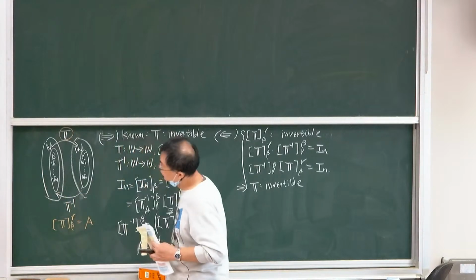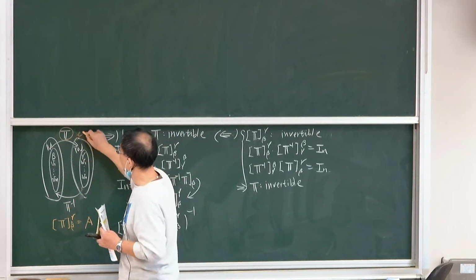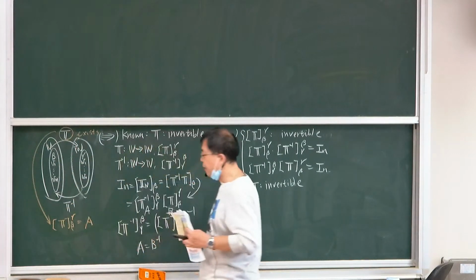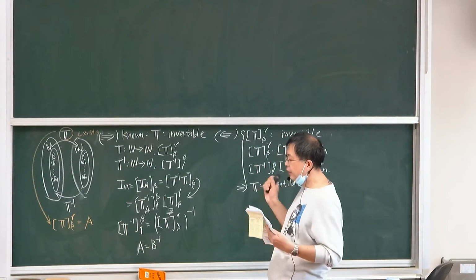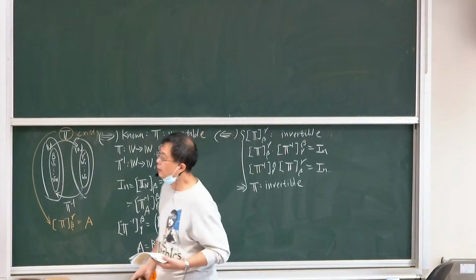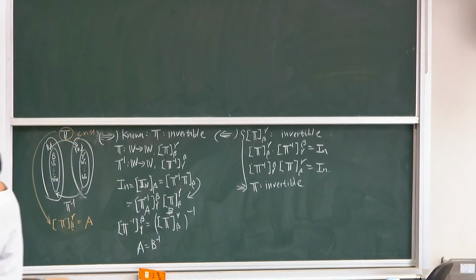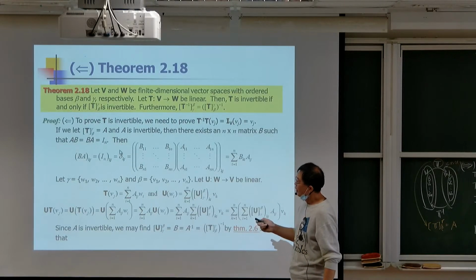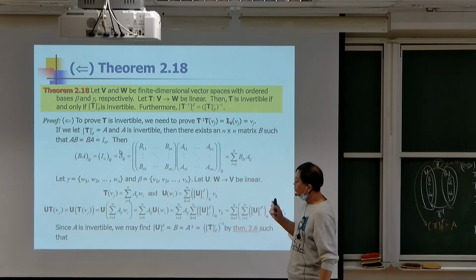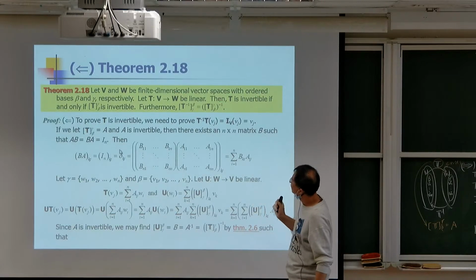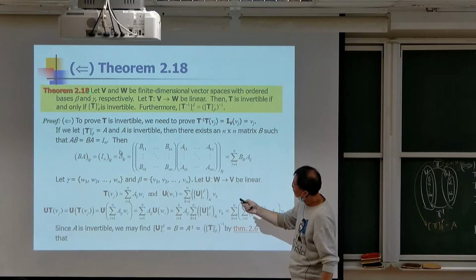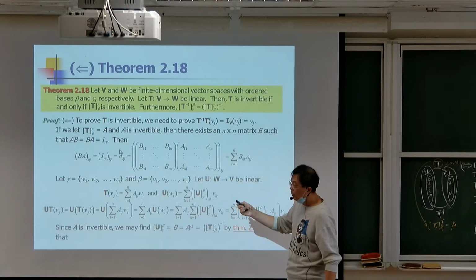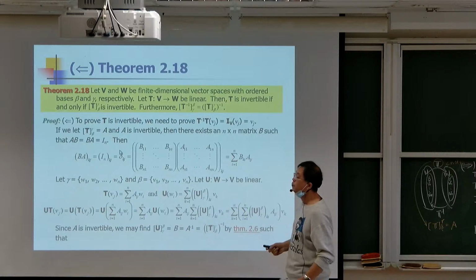So we define the matrix representation of T to be A, and because from the statement here this matrix representation is invertible, A is invertible.